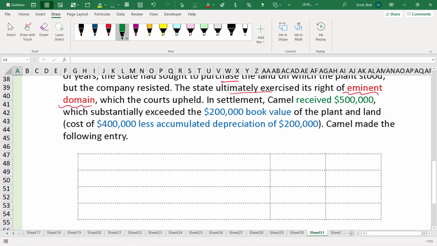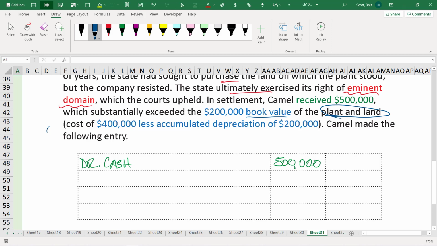So this one is kind of a pretty straightforward type of situation. You can start just plugging in the journal entry with what you know. The company got cash of $500,000. Right? And it lost its, well, in this case, what was it? The plant and land, we'll just call this overall just plant and land.